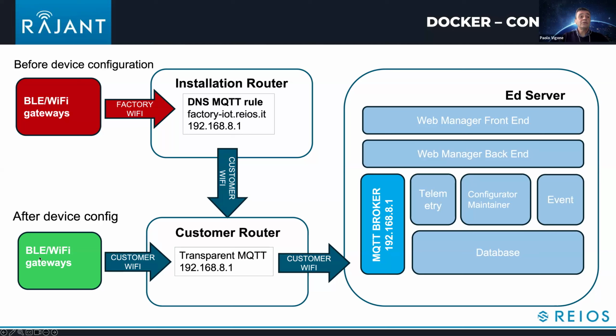After the configuration, the gateway has received the actual customer Wi-Fi configuration. It is also looking for the customer MQTT broker, and so goes straight to the edge server.